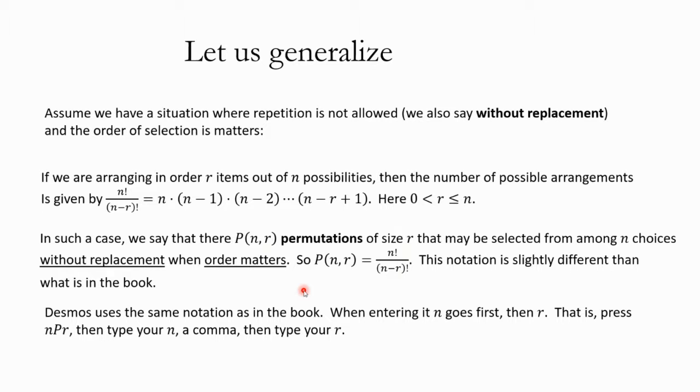But again, if you have n choices and you want to make an arrangement of size r, that is of r of them, and there's no repetition, so there's no replacement, and order matters, then the number of ways to do that, those are permutations, so the number of ways to pull that off is this. That's what I'm trying to say here.